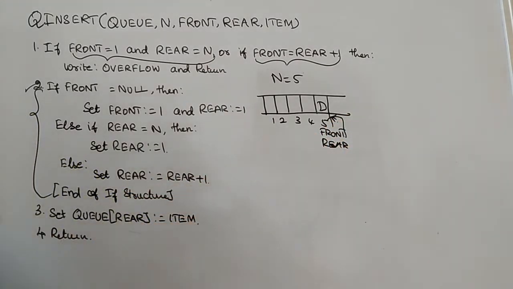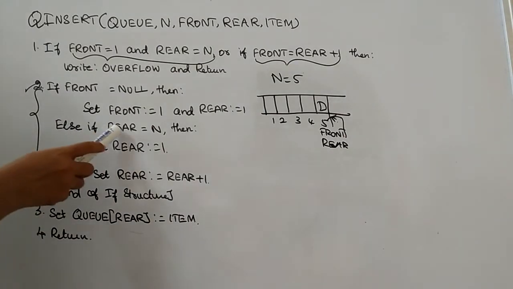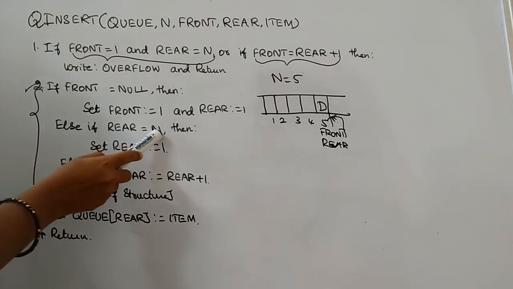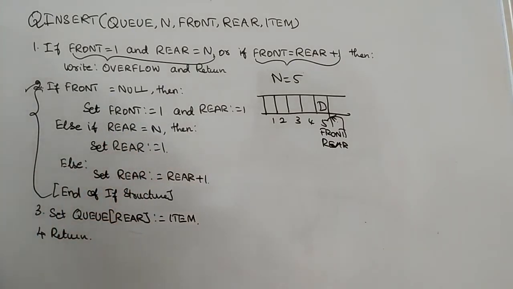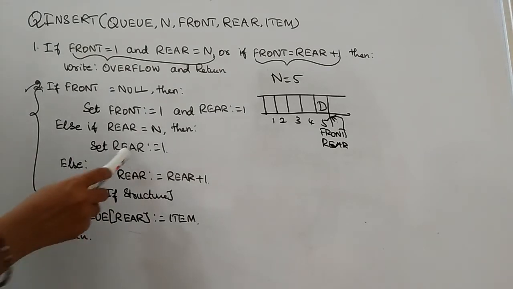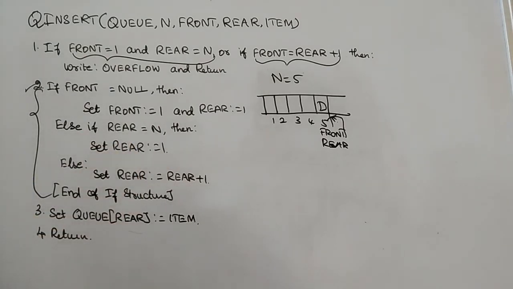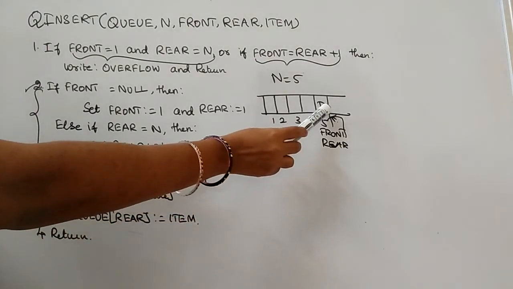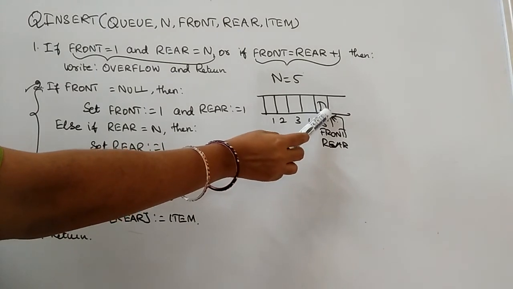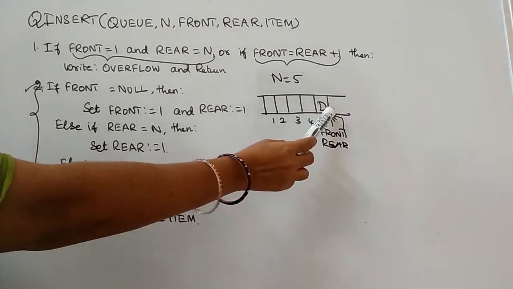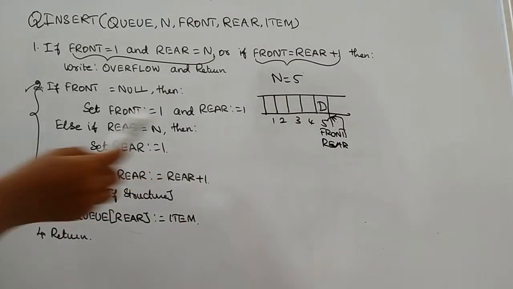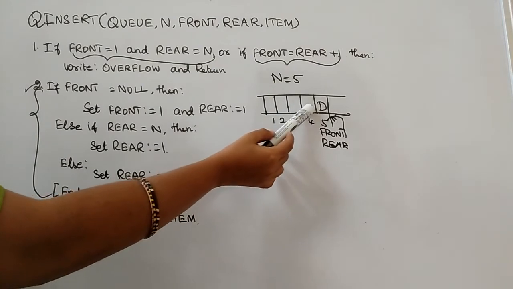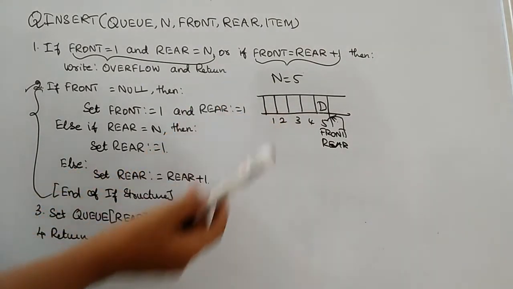So what's happening here is, else if rear equal to n, then we should set rear equal to 1. Why am I setting rear colon equal to 1 here? Consider that in this queue only the last cell is having the element data D, but the spaces present before it are empty.